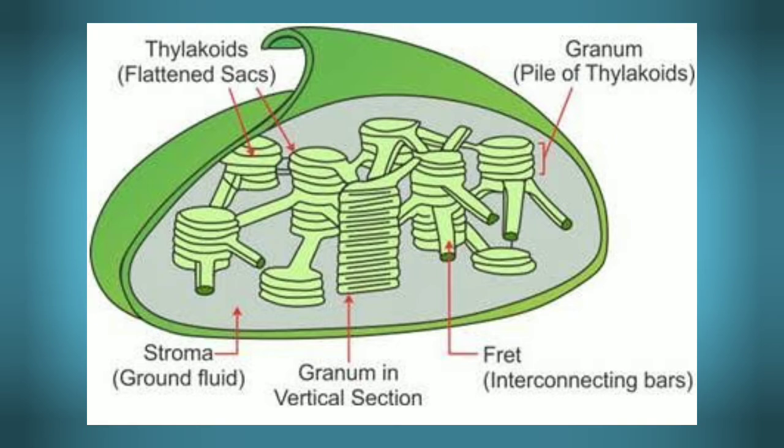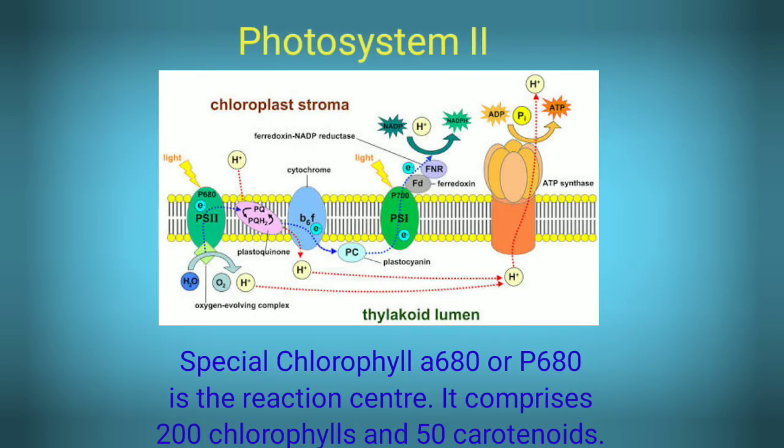Now let's come to photosystem 2. In photosystem 2 there is also a single molecule of chlorophyll A, a special molecule that can absorb visible light near 680 nanometer of wavelength.